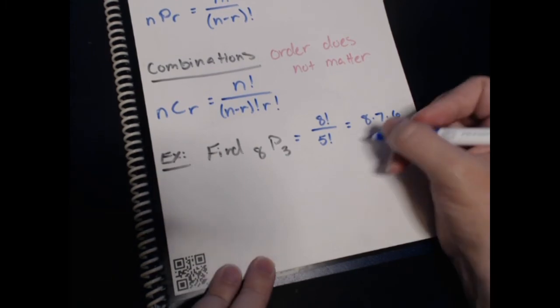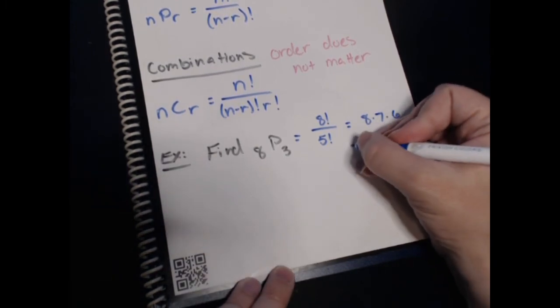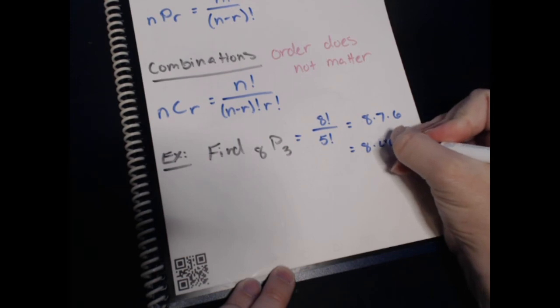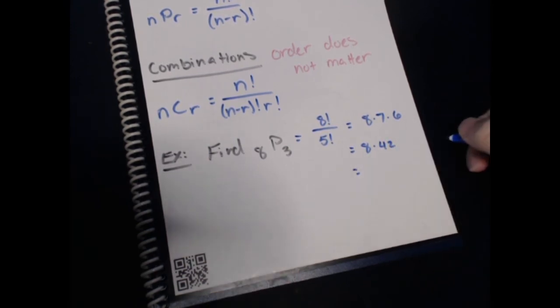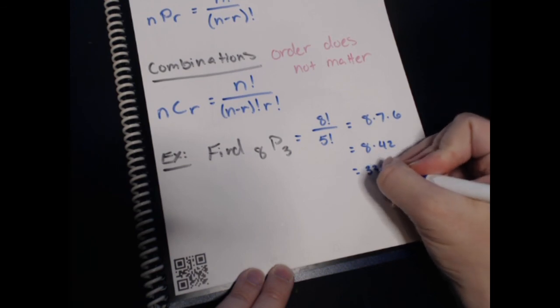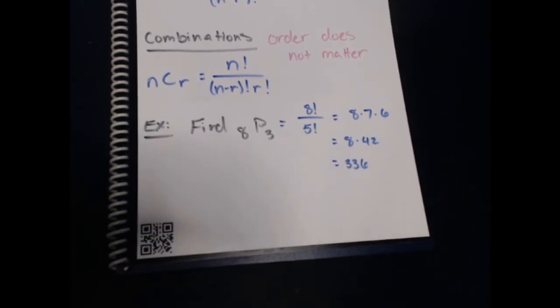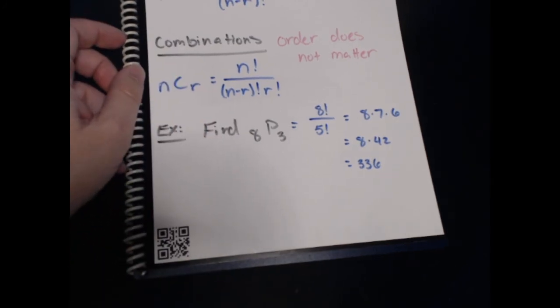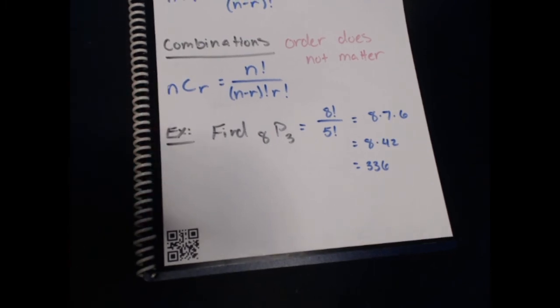So you just multiply that out. 8 times 42, 336. If someone wants to check that, please feel free to do so. But the math portion of that isn't going to be much different. You're just distinguishing what pieces you need from that.